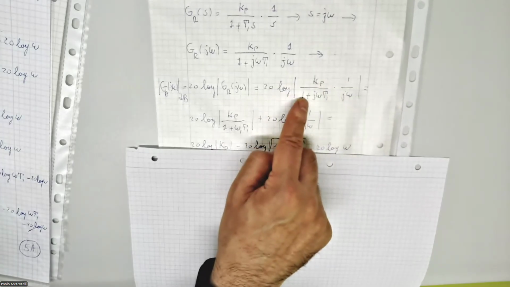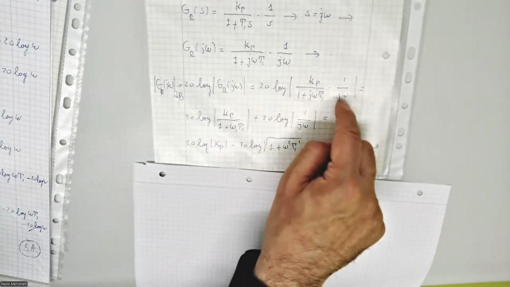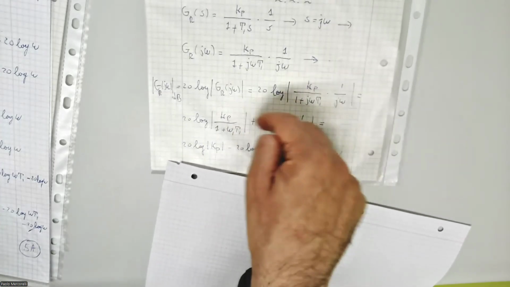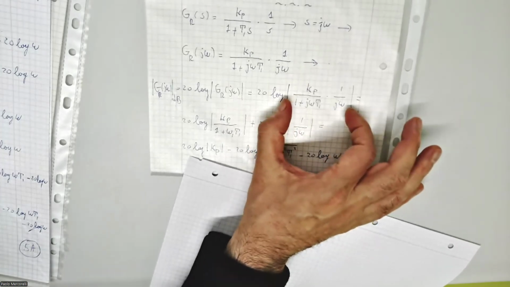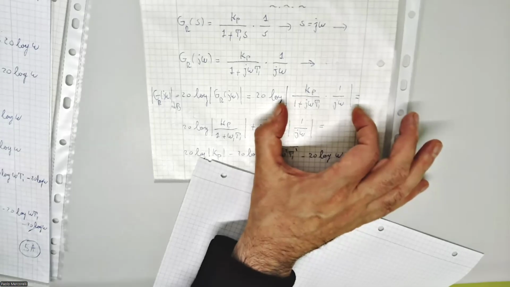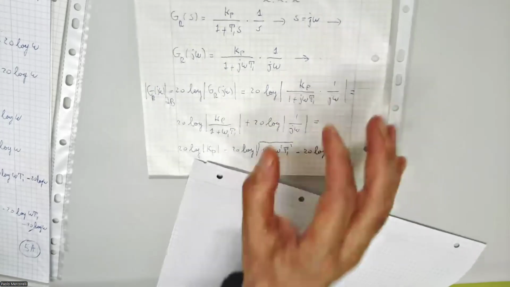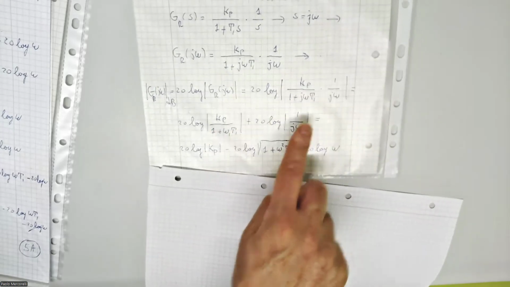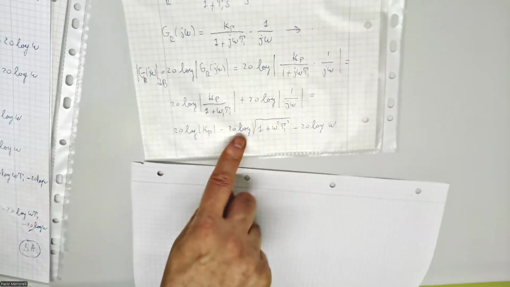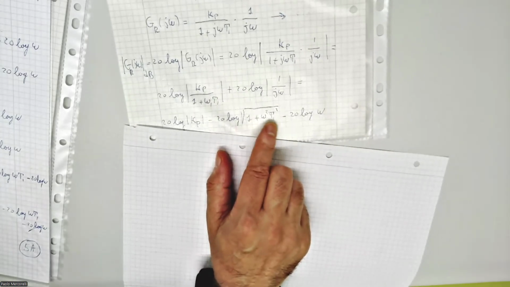So 20 log of the magnitude of Kp divided by 1 plus j omega T1, multiplied by the magnitude of 1 divided by j omega. And then I apply the logarithm. From here to here is clear, no? First of all, I have to split the amplitude: the amplitude of the product is the product of the amplitudes. Now applying the logarithm: 20 log Kp minus 20 log of the root of 1 plus omega squared T1 squared, minus 20 log omega.